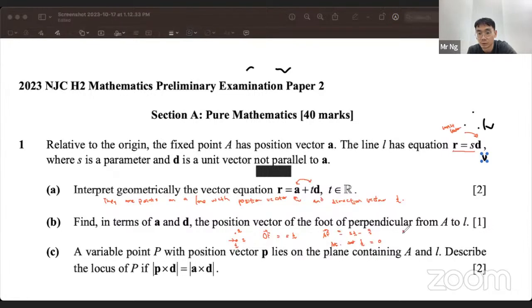So SD dot D, because it's a unit vector, D dot D is 1.